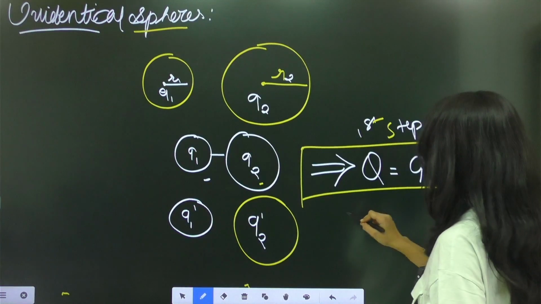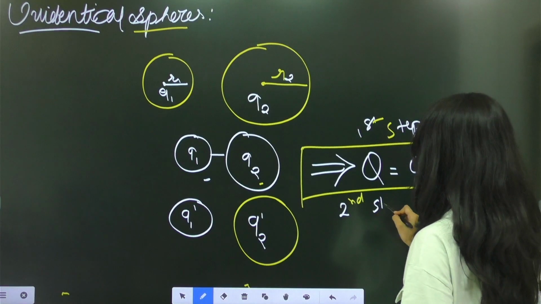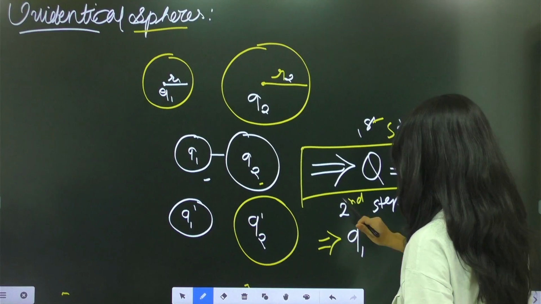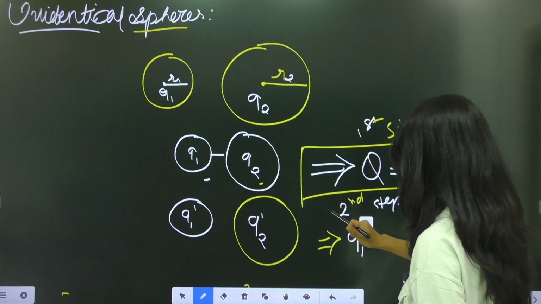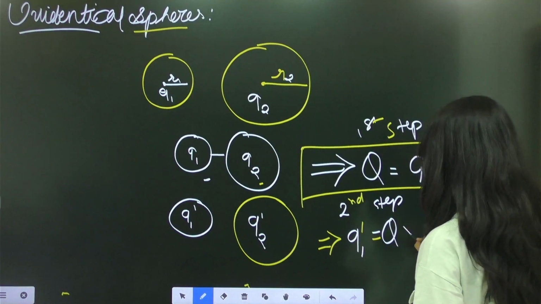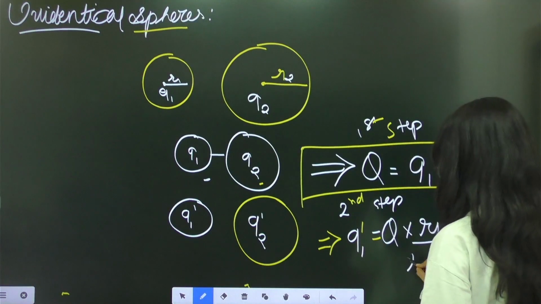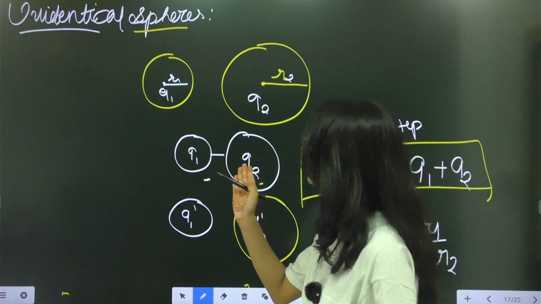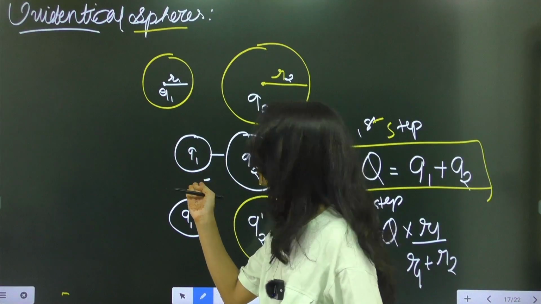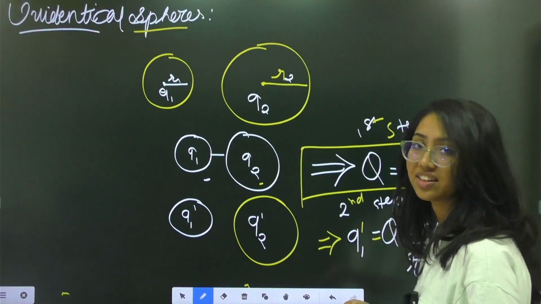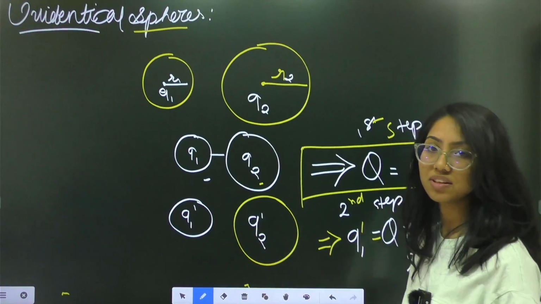Now, the second step will be what? Q1 dash will be equal to capital Q into R1 by R1 plus R2, where R1 is the radius of sphere 1 and R2 is the radius of sphere 2. Q1 dash is the final charge of sphere 1 after the experiment.